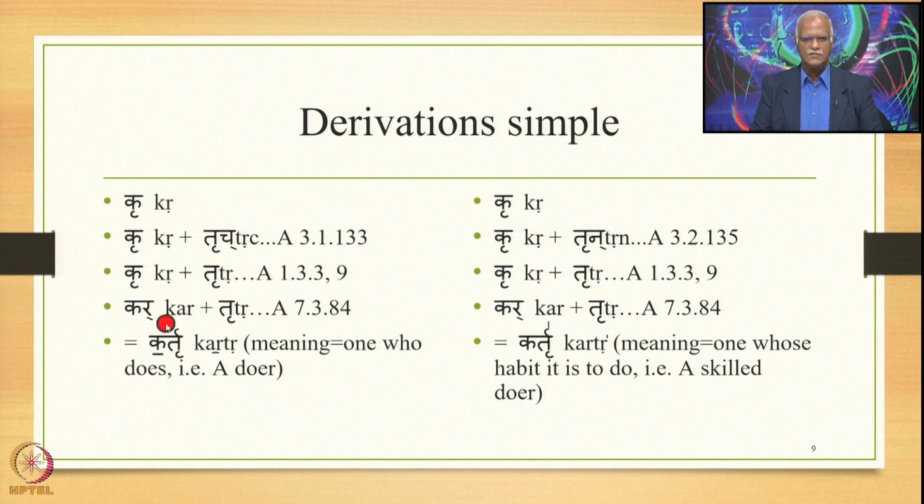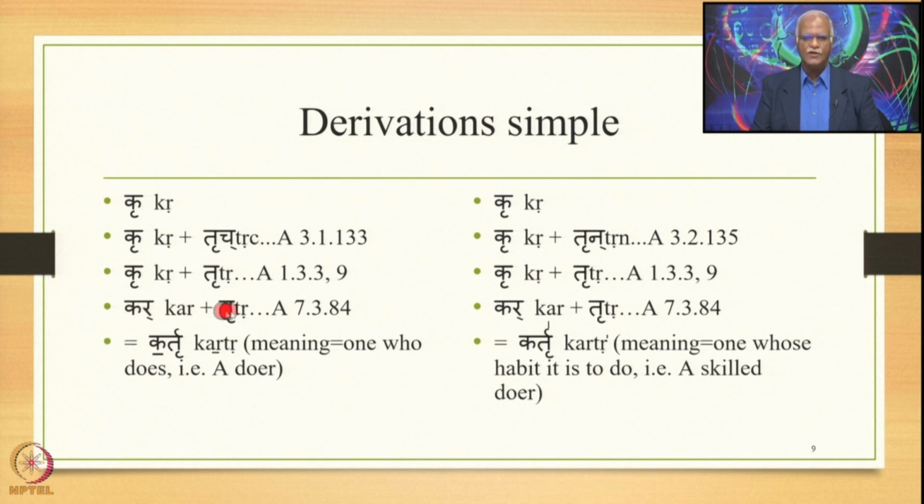In all these steps there isn't any accent mark shown, which is quite obvious because both elements in the process possess one udatta accent which is always unmarked as far as the Rigvedic accent writing pattern is concerned. So kru plus truch and we have both vowels unmarked, both vowels udatta.